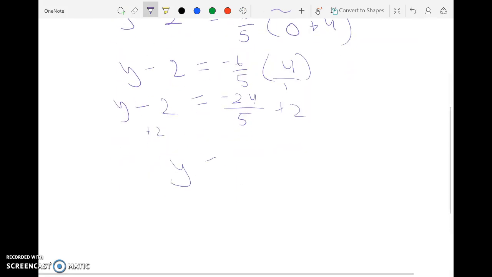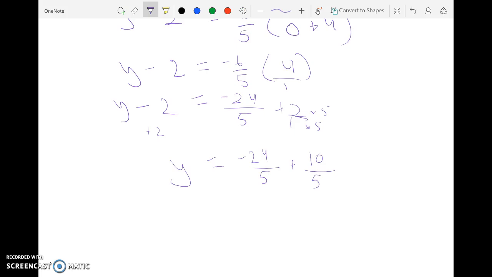And I get y is equal to, if you don't want, you can change it into a decimal value if you want. I can just do it like this. Change 2 over 1. So I get negative 24/5 plus, adding fractions, I need the same denominator, so times 5 times 5, I get 10/5, which is the same thing as 2.